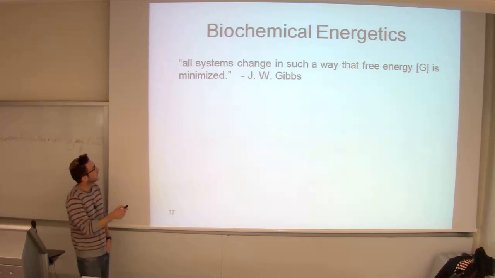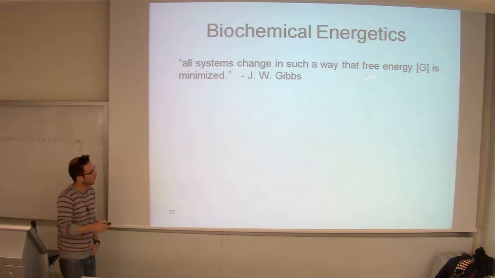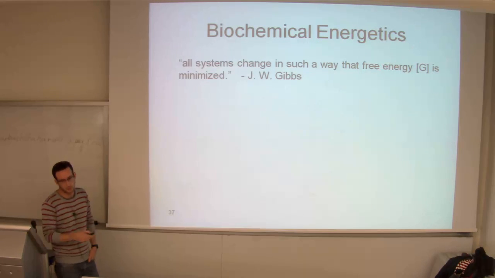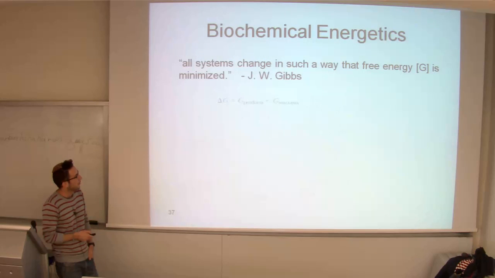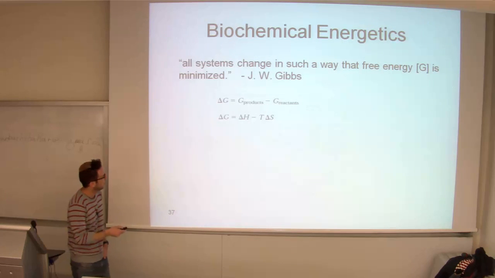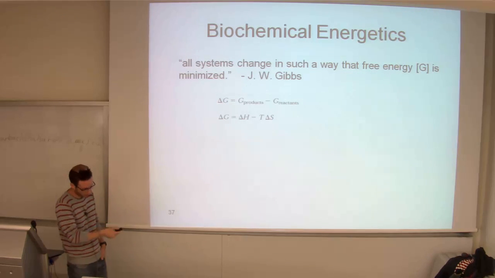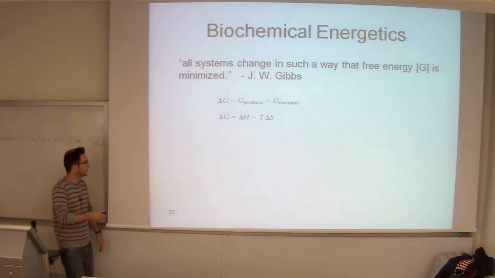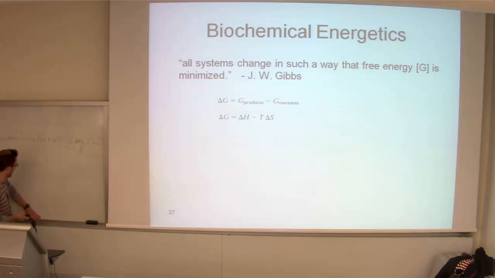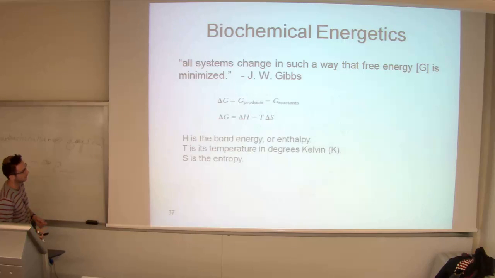All systems change in such a way that free energy, here the Gibbs free energy, is minimized. The delta free energy of a chemical equation is the free energy of the products minus that of the reactants. So let's just do reactants and products.